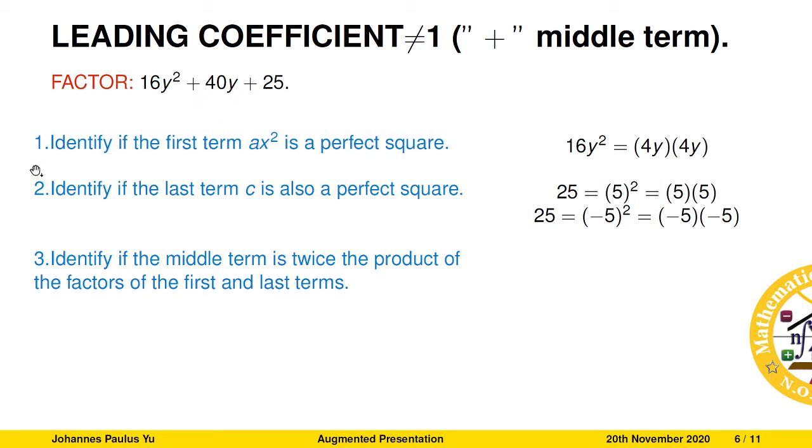If steps 1 to 3 are yes, therefore we are now ready to write step 4, no? Balik, 40y is equal to twice 2 times 4y times 5. So 2 times 4 is 8y, and then 8y times 5 is 40y.